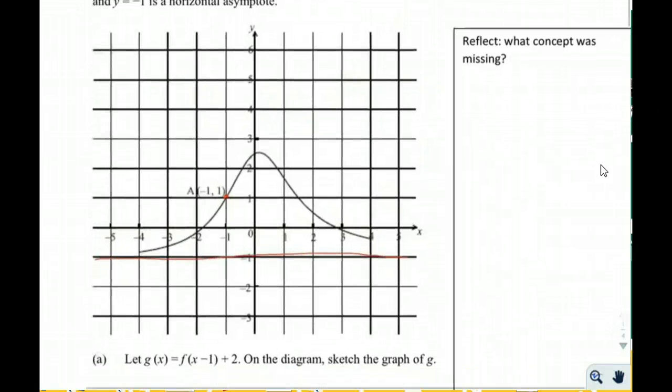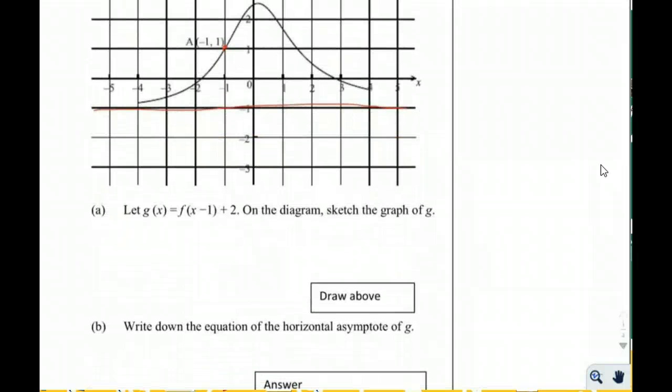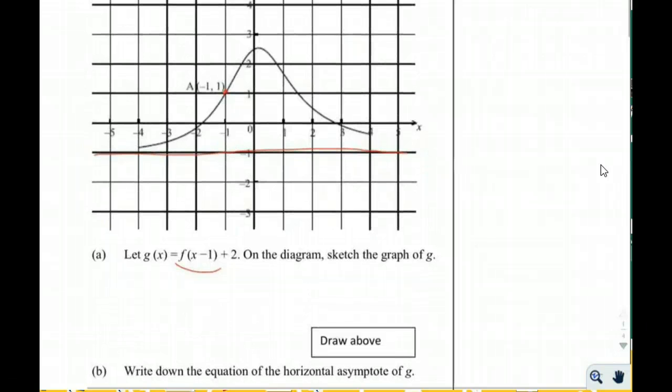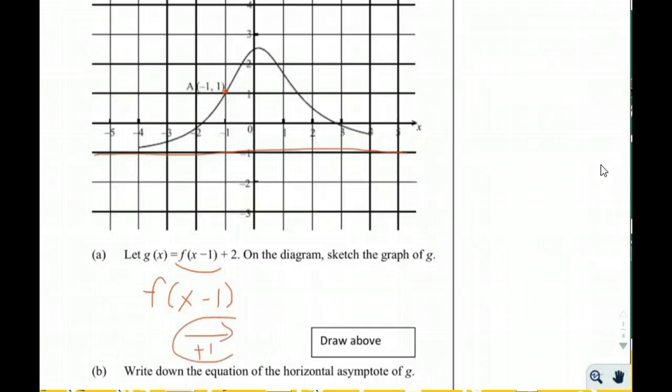Okay. Let g of x equal f of x minus 1 plus 2. On the diagrams, sketch the graph of g. Now, if you have done enough problems, you know that f of x minus 1 indicates a translation to the right by 1. Although the minus might make you think it's going to the left, for horizontal it goes to the right.